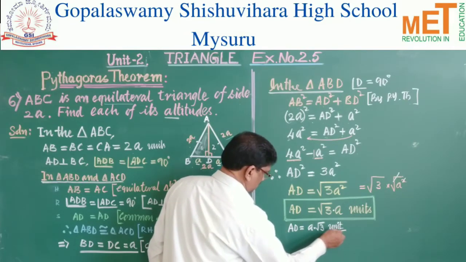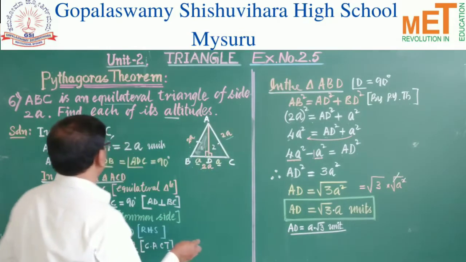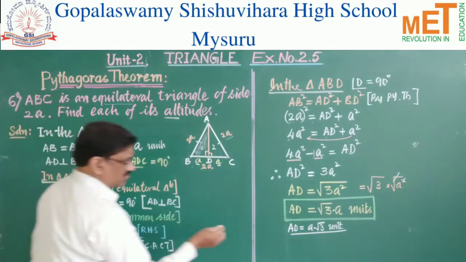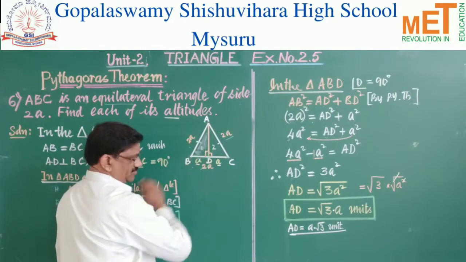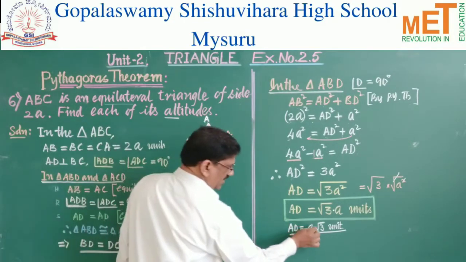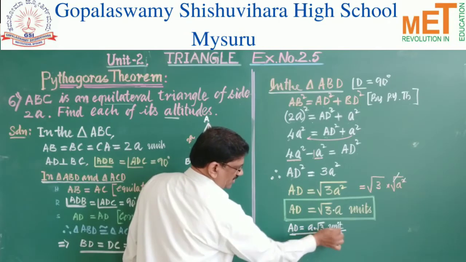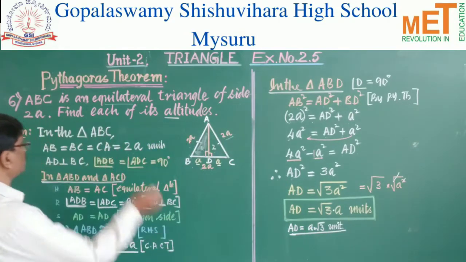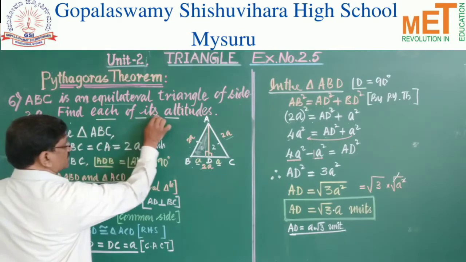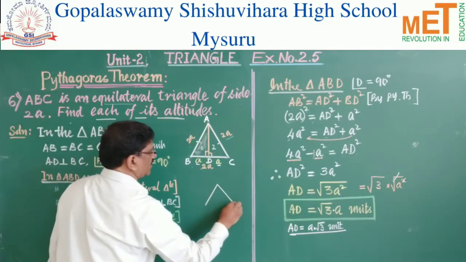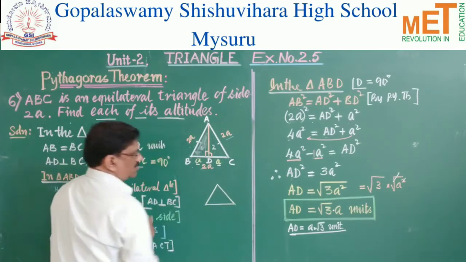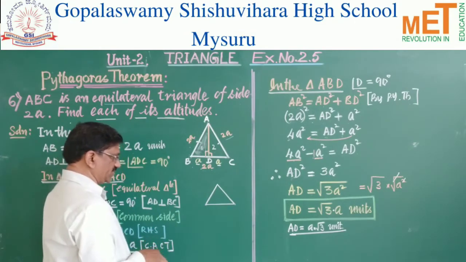Clear, children? So what is asked here? So we found the length of one altitude. Clear, children? That is a into root 3 units. It is asked to find each of its altitude. So how many altitudes can be drawn in a triangle? There are 3 altitudes can be drawn.